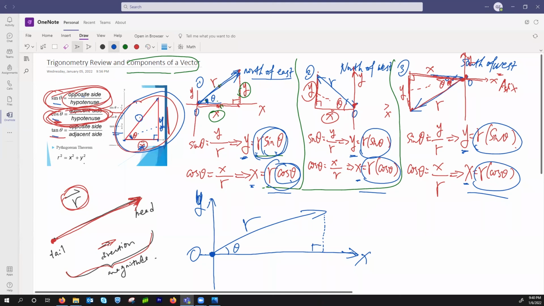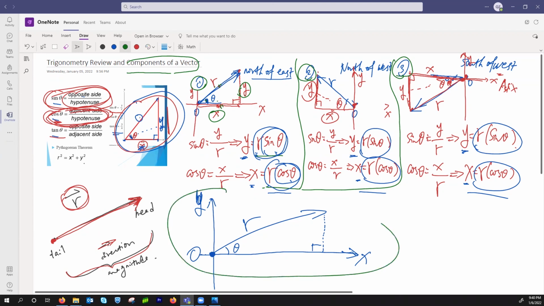And for any vector, you can always build a right triangle, just like the examples we just had with number 1, number 2, or number 3. They all have different vectors at different directions, but somehow we were able to build a right triangle from there based on the principle we are using.